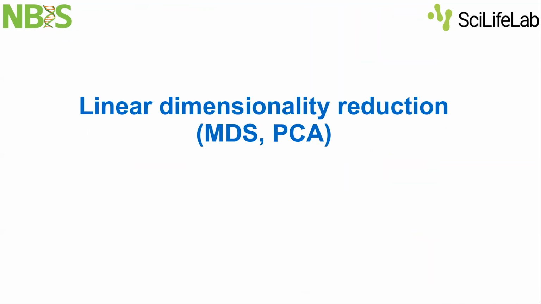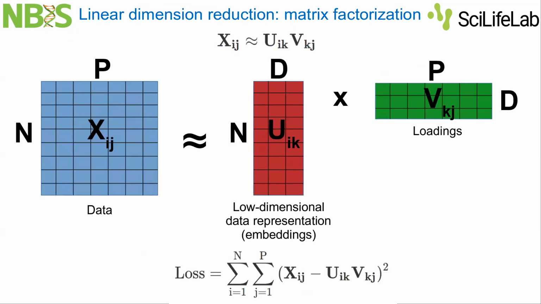So I'll start with linear dimensionality reduction techniques, such as MDS and PCA, which people typically use in life science and computational biology by default in many cases. And this is just an illustration of what linear dimensionality reduction essentially does. You literally represent your original data matrix X as a product of 2 or 3 other matrices.